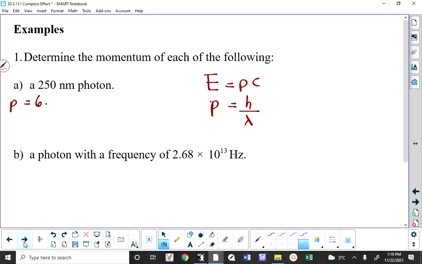So we take Planck's constant. Again, no electron volts here with these formulas. This is in joule seconds, divided by the wavelength, which is 250 nanometers, so 10 to the negative 9.